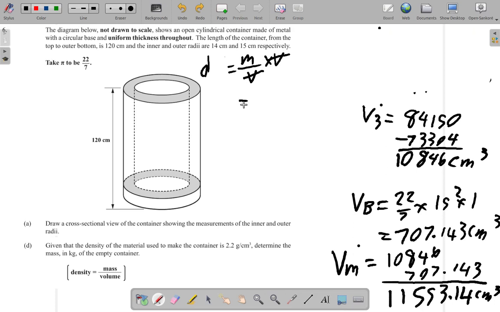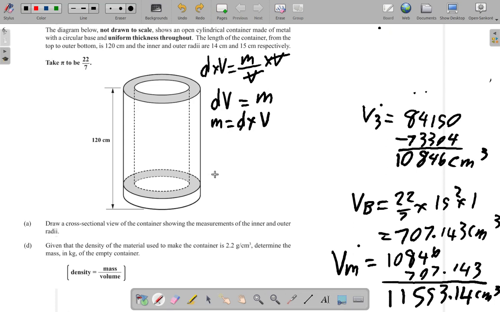V cancels V, so on the right I have mass alone, but then I must multiply by V on the left as well. So it's density times volume. So mass is going to be density times volume. All right, switching it around to make mass on the left.